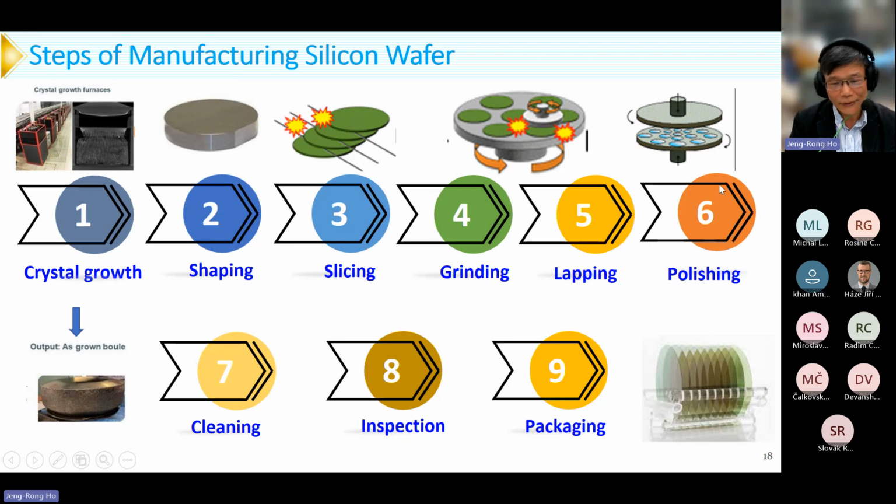After this step, the surface roughness is down to angstrom levels and even sub-angstrom level. After this, we can do cleaning and inspection and packaging for sale. So this is quite a quick flowchart for making silicon wafer.